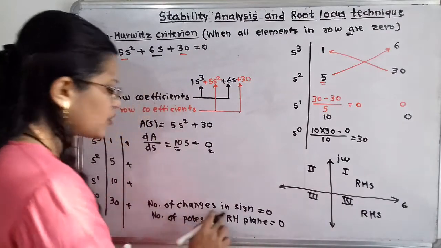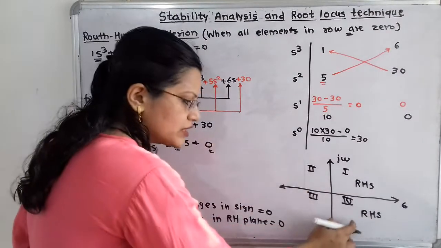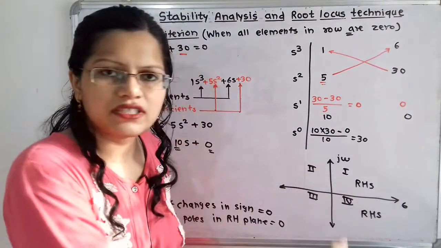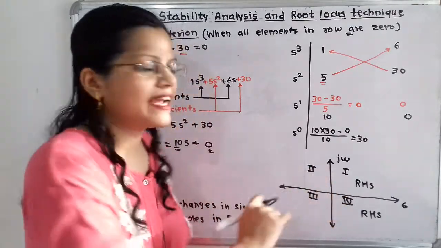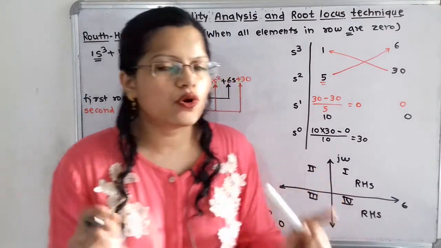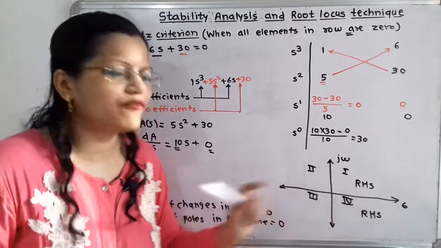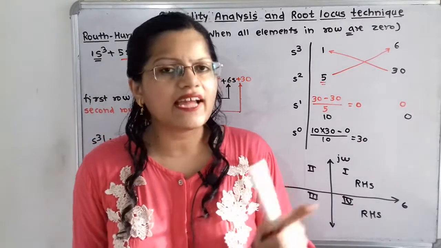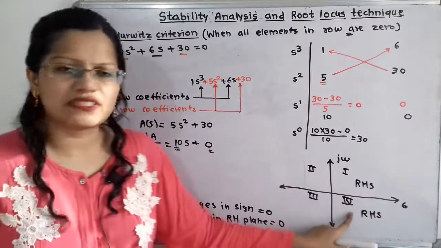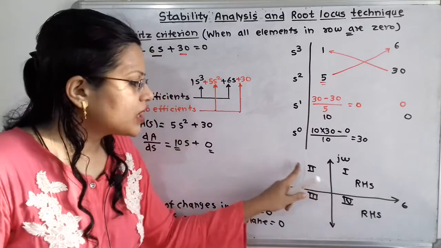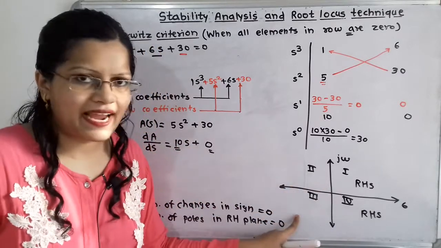When the number of changes in sign is equal to 0, no poles appear in the right hand side plane, that is, no pole is there in the first and fourth quadrant. So we can say that according to this the system is stable, because all the poles lie in the left hand plane.